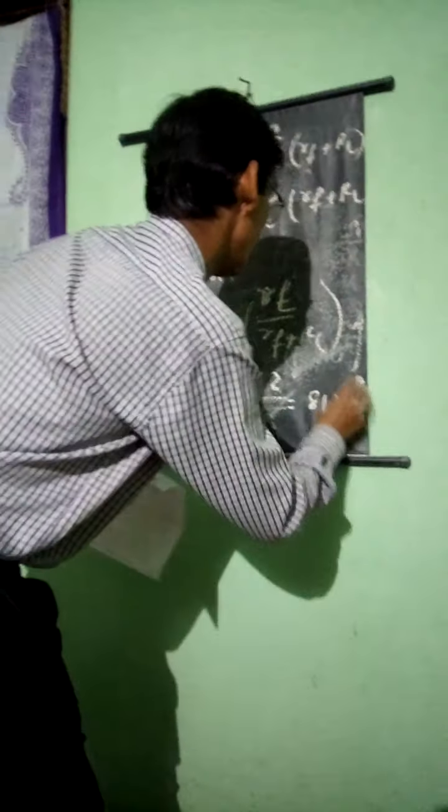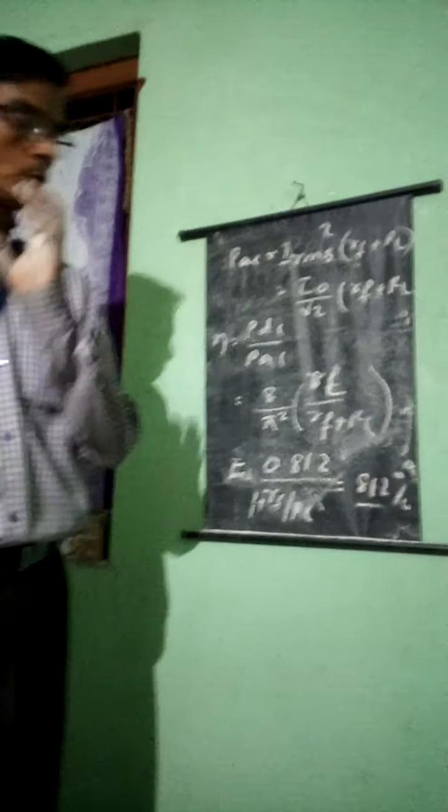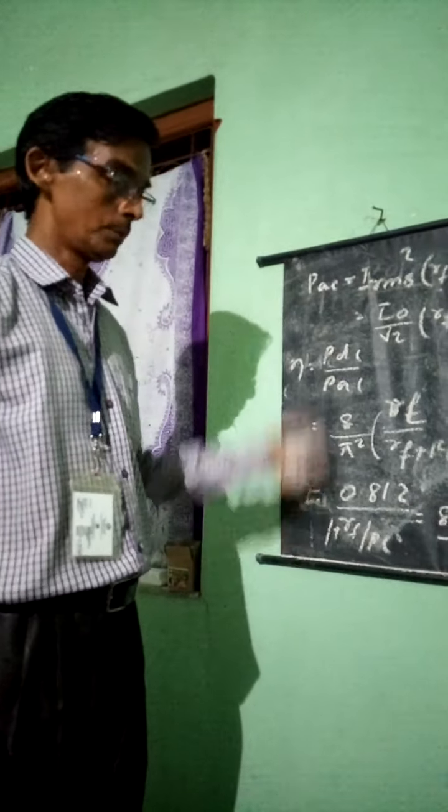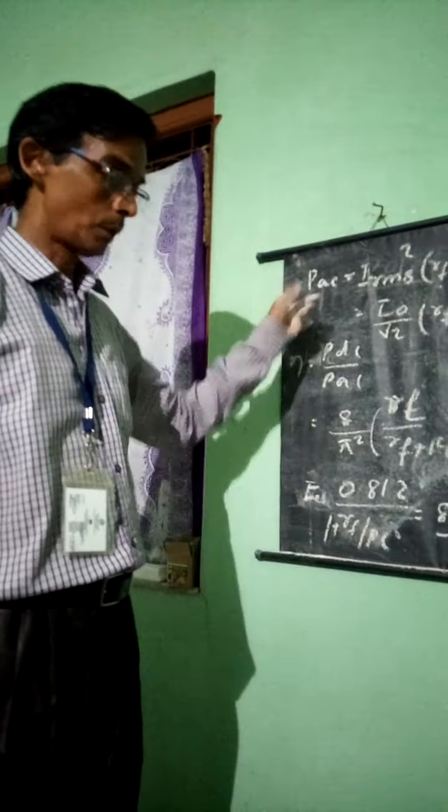What does it mean now? The efficiency of the half wave rectifier is 40.6% of the input power, whereas 81.2% is twice the half wave rectifier efficiency, which we get for the full wave rectifier.